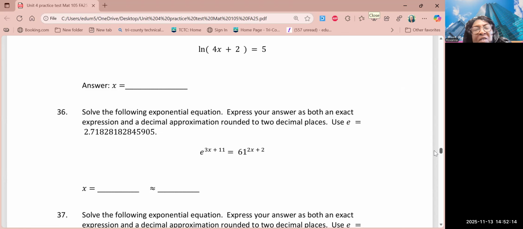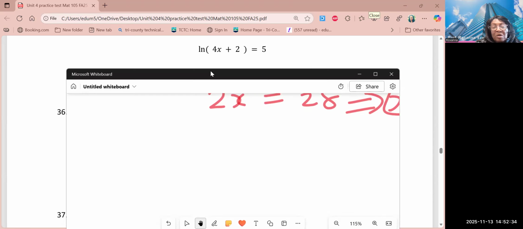Okay. So I'm going to rewrite 35 and 36, and I'll let you finish both of them. So for 35, we're told to solve the equation.